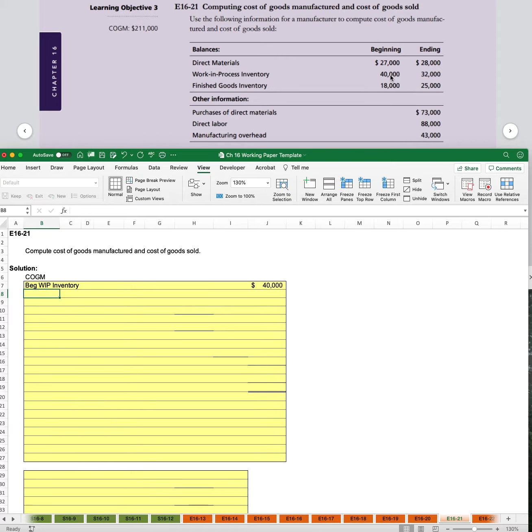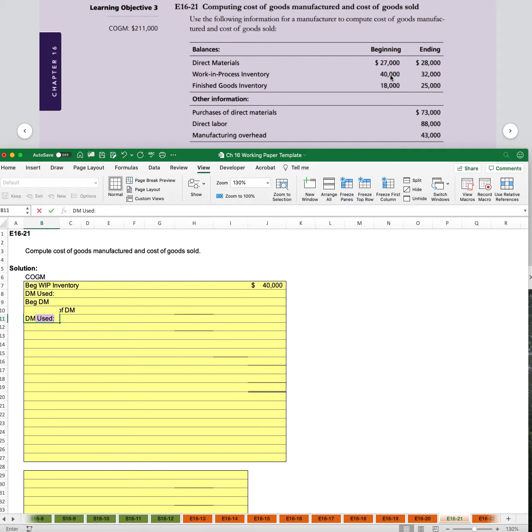So we start out with our beginning WIP, and then we need direct materials used. And so we're going to then use some subheadings to determine direct materials used. And so that's going to start out with our beginning direct materials. And then from our beginning direct materials, we're going to add all of our purchases of direct materials.